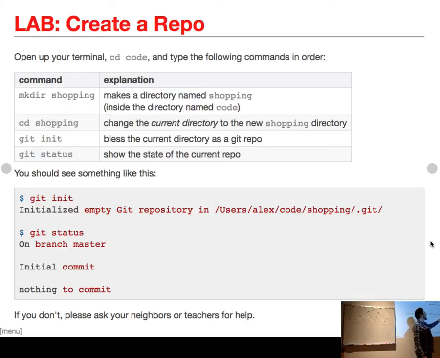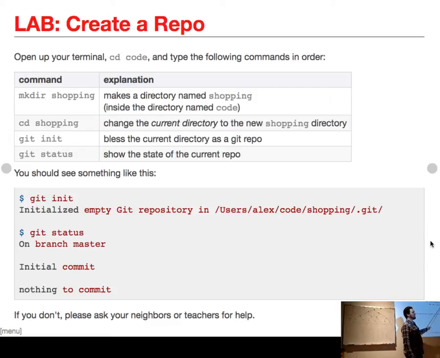Then you need to change your directory into shopping. So cd shopping after you've created it. That's going to be changing your current directory into shopping. Once you're inside of shopping, we're going to git init. So git space init, I-N-I-T.